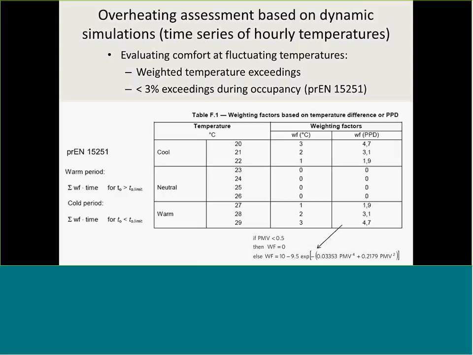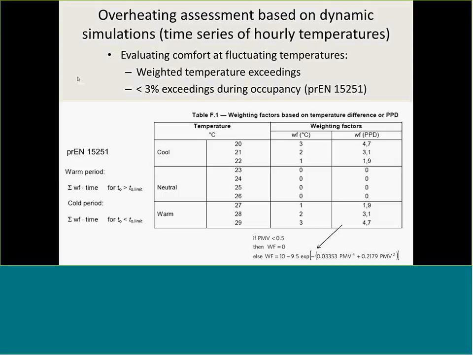Information about the relation between the overheating indicator and the results of dynamic simulations. The overheating indicator is a simplified method to assess comfort. It's assessed at the level of the whole building, of the whole house, while comfort is in fact rather a problem of a single room and should be addressed at the level of a single room if you want a detailed comfort assessment.